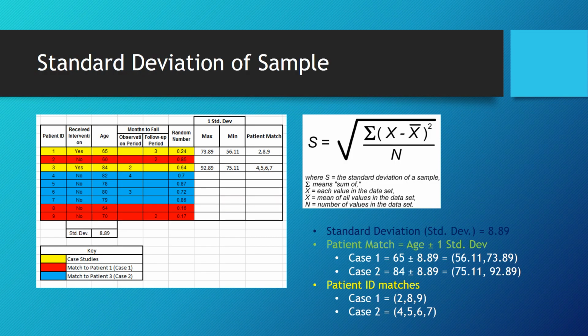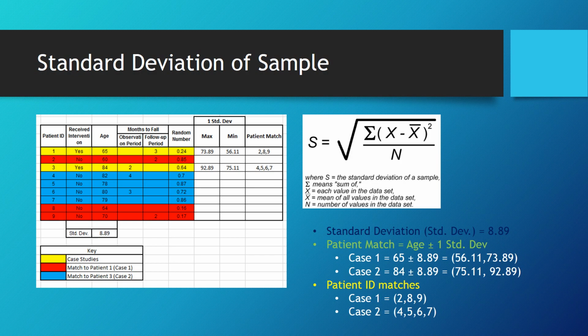So with the data, we need to figure out the standard deviation. The standard deviation formula is shown here, and once you put it into an Excel spreadsheet, you can figure it out by using the equal function and typing STDEV.S. S is for the sample.